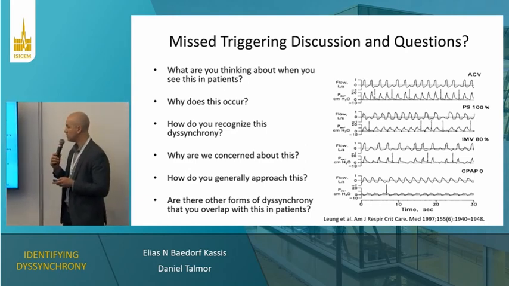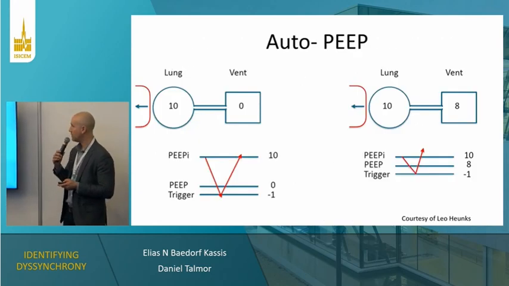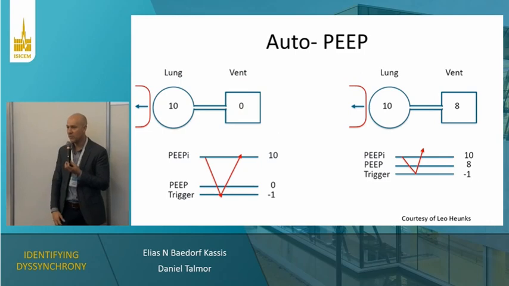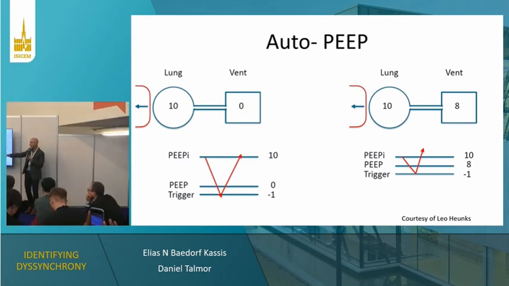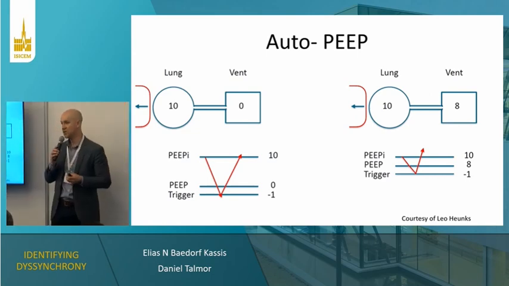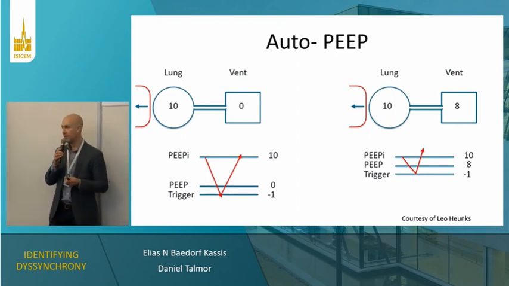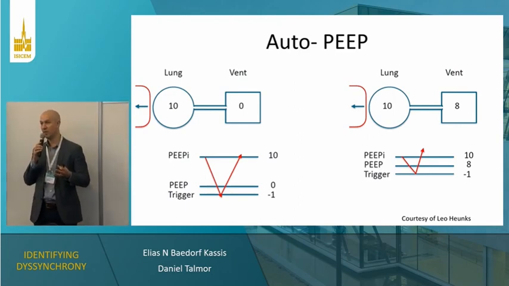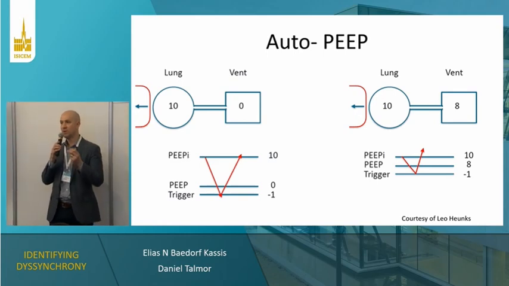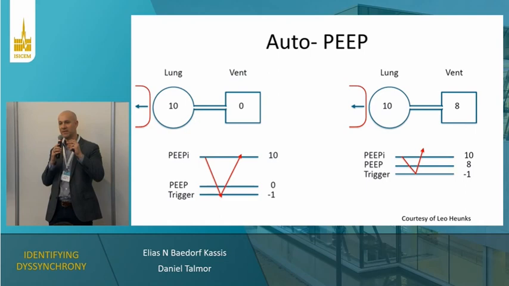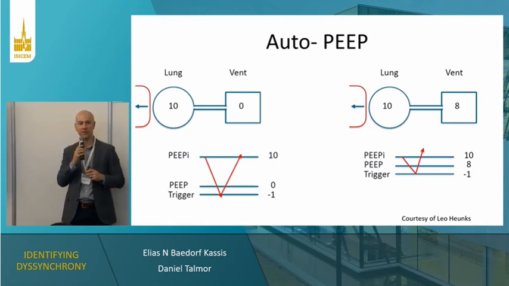So I think we're at the end of the time. Do you want to just show the PEEP slide? Yeah. If we're at the end of our time, what we'll finally say is that the way we respond to mistriggering is, as someone said, to adjust the PEEP. The rationale is that if somebody has a total PEEP of 12 centimeters of water, for example, then you have to overcome the auto PEEP and the trigger sensitivity before you're able to trigger the ventilator.